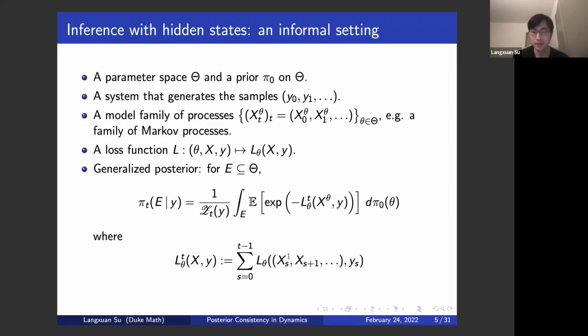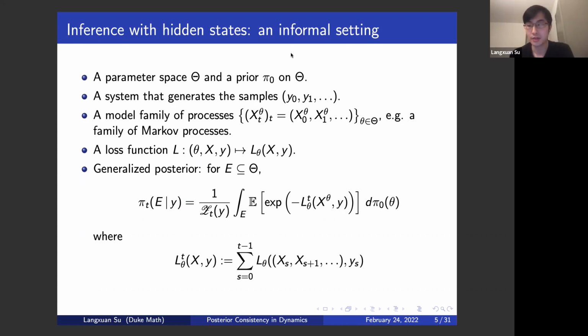Because when we have a dynamical system and dependent processes, a single time step does not give you so much information, but you need to look at the path to see how the dynamics evolves. It's not like IID or just Markov processes where you have a very simple dependency structure, and you can only look at maybe 1 or 2 time steps. But here we consider the whole trajectory.